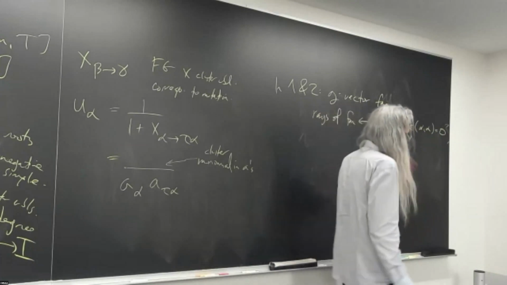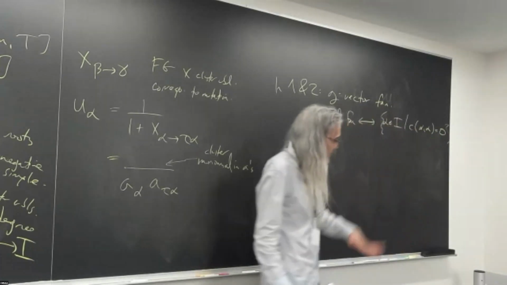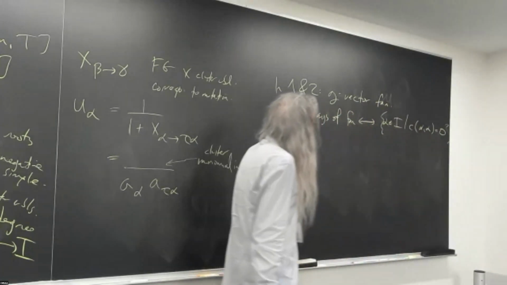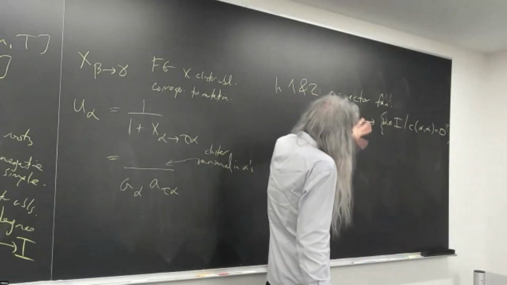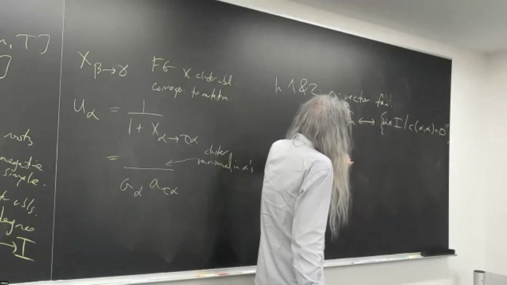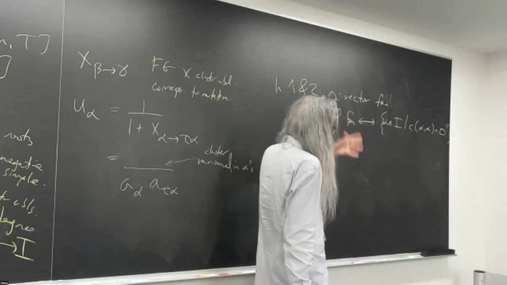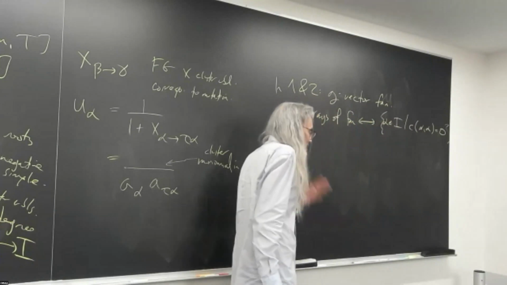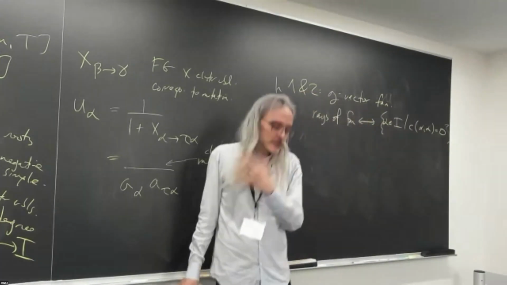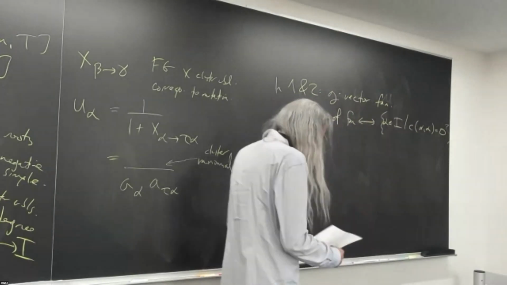And if alpha is not compatible with itself, it doesn't correspond to a ray. But in these settings, we do get a fan. And so there's some additional natural structure of a fan.